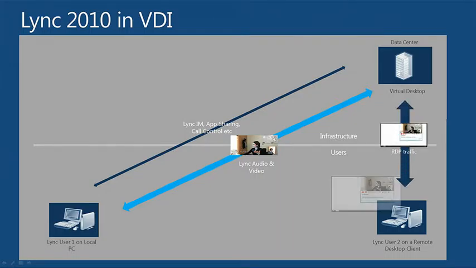Now, the audio-video traffic is sent back down to the user's desktop. What that results in is typically a poor experience, because there's a higher volume of traffic being sent to the data center and back across to the associated clients. This is why it's been documented that there's limited support for Lync in VDI scenarios.